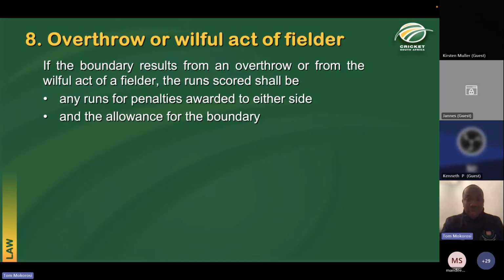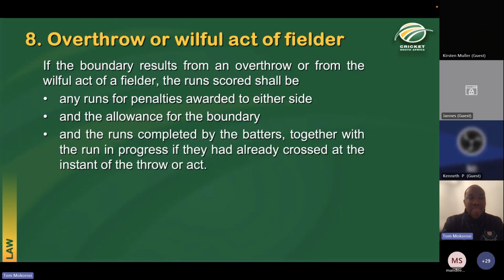The allowance for the boundary. Because the ball has crossed the boundary rope, that will be boundary 4. And then we also award the runs completed by the batters together with the run in progress if they had crossed at the instant of the throw or the willful act.